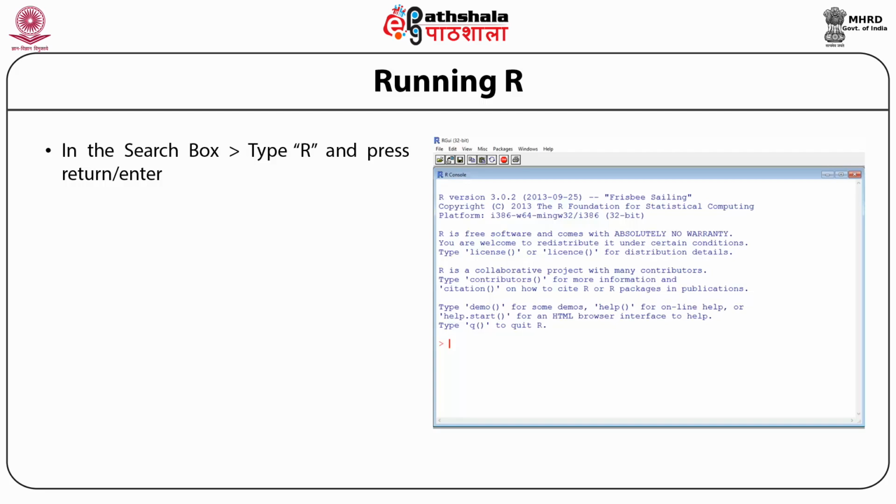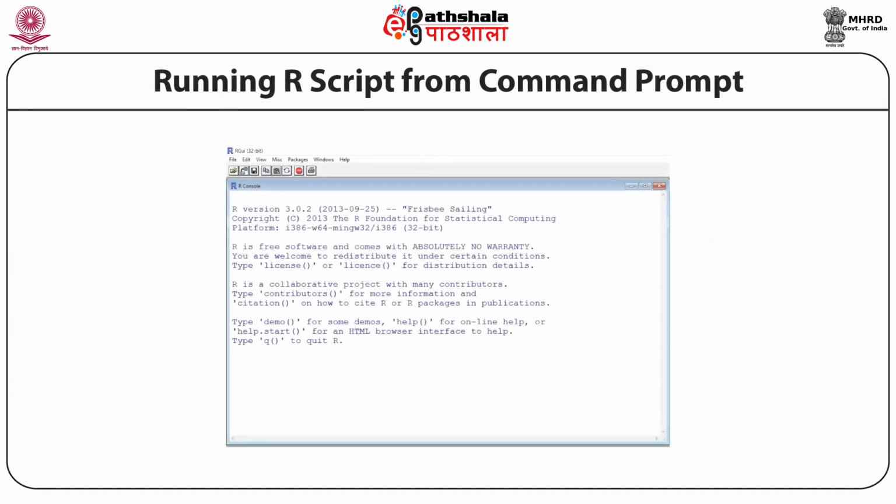R is an object-based language, so an R program can run in two ways, either from the command prompt or from a script file. To run R from the command prompt, we need to simply assign objects and execute them by typing their name.